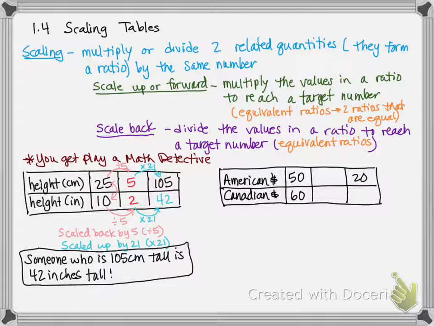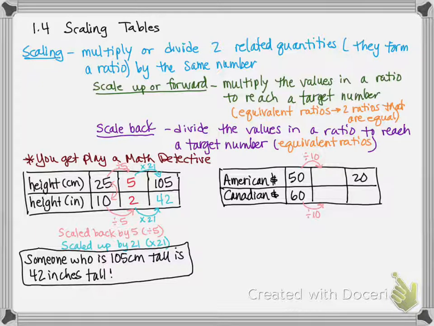That's always a possibility, but then you're going to be creating bigger numbers, and then you're going to have to take those bigger numbers and make them smaller. So I tend to try to scale back if I possibly can. And straight away I noticed that both of them end in a 0, which means I could scale back by 10. And that would give me a 5, and I know 5 goes into 20, so that's what I'm going to do. I'm going to scale back or divide by 10 each of the numbers.